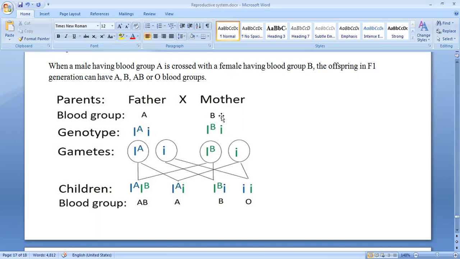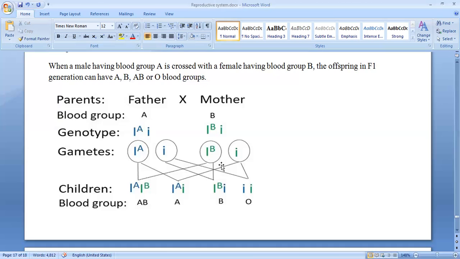Now the mother has blood group B, so she will have IB and she will also have IO or small i. Small i is the O part of the antigen. Now when the father's gametes are produced, they can carry either IA or only i. The mother's B blood group gametes will be IB or only i.